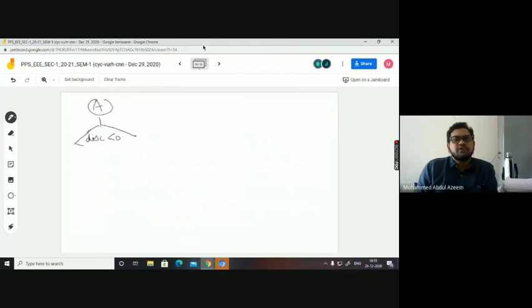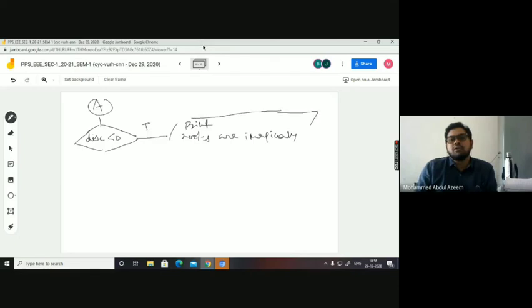If disc is less than 0, what do you want to print? You want to print roots are imaginary. Yes or no?